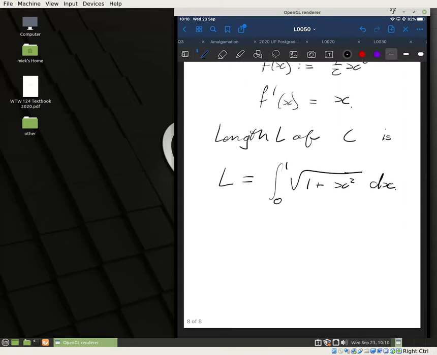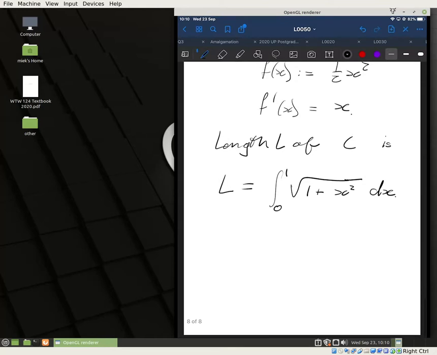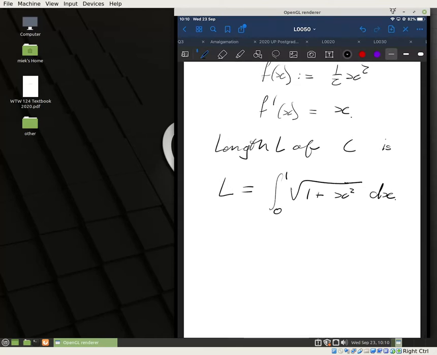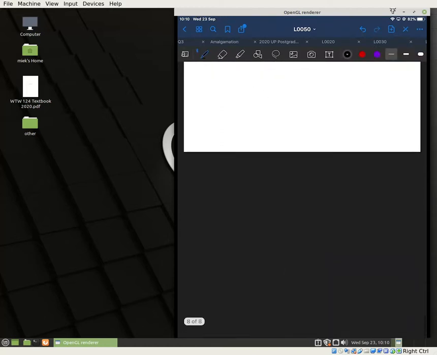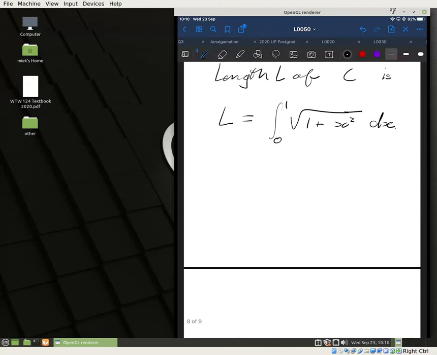Okay, and now half of the battle is done. Now we just need to compute this integral. This integral is a little bit tricky. There are some tricks involved. So let's make the substitution theta is equal to arctan x.